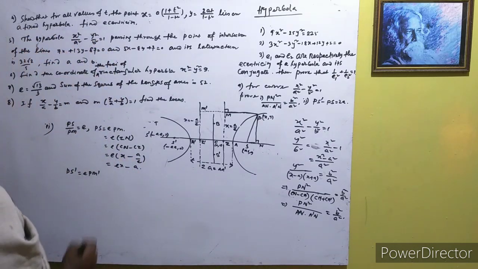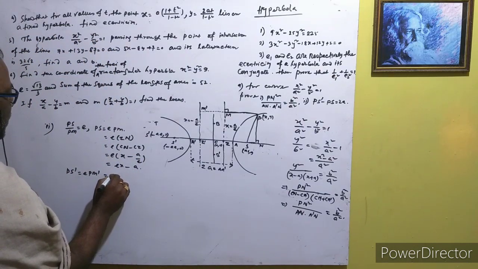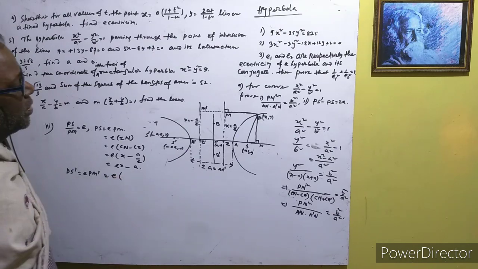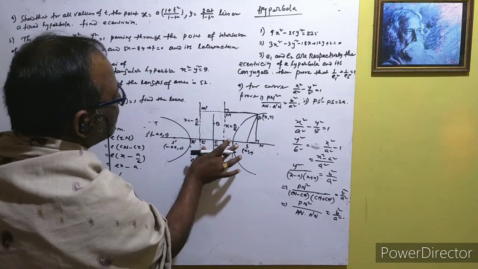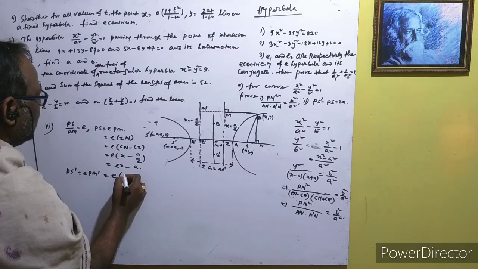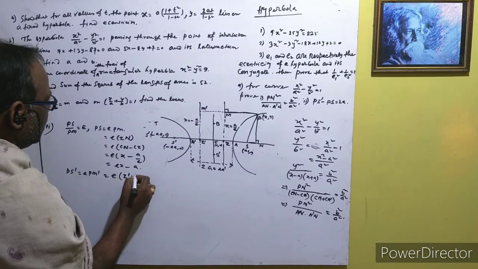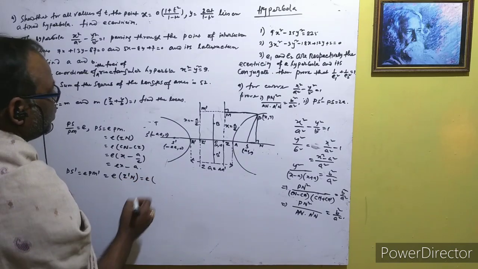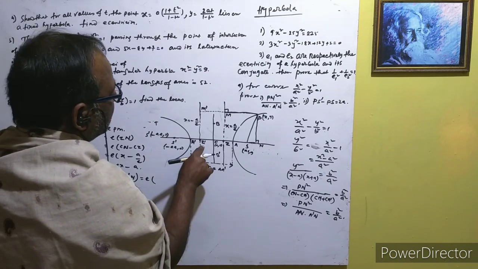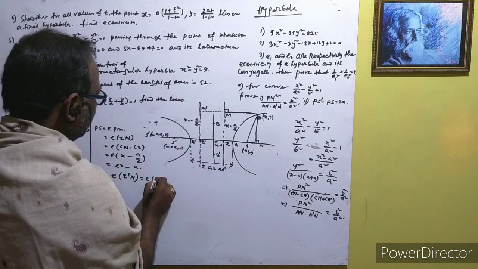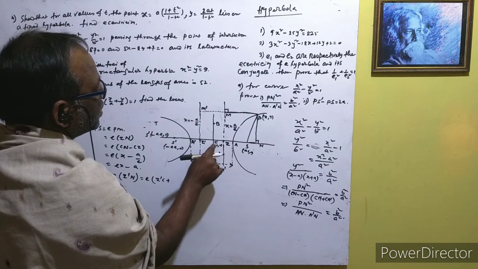So we can write here E into PM dash. PM dash means there is Z dash n, same as E into Z dash n, which is Z dash C plus Cn.